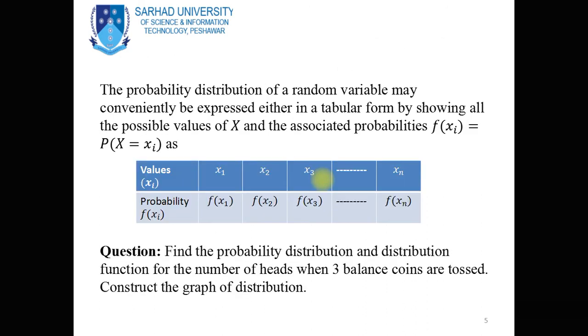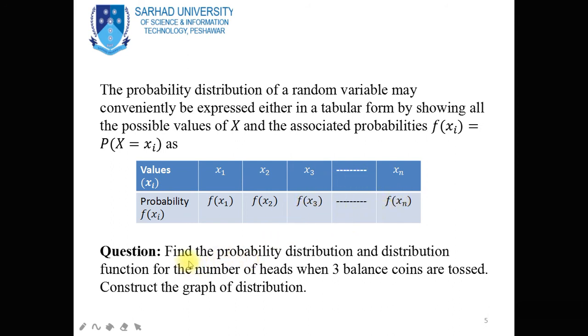For example, you see over here, the probability distribution of a random variable may conveniently be expressed in a tabular form by showing all the possible values of X and the associated probabilities f(xi) is equal to the probability that X is equal to xi, as you see in this table. These are the values of the random variable x1, x2, x3 up to xn, and these are the probabilities f(x1), f(x2), f(x3) up to f(xn).